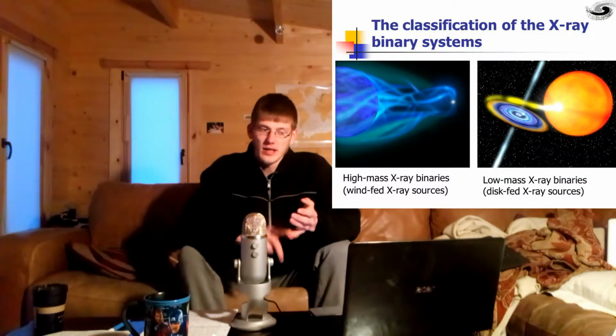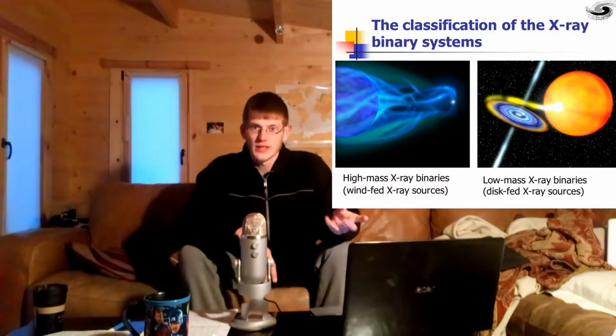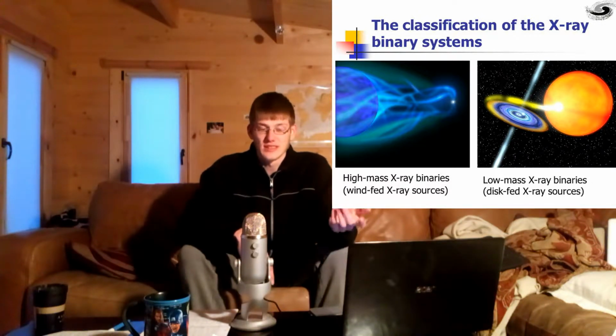But yeah, so there's two types of X-ray binary, high mass and low mass, and the one that I was just discussing is the high mass one, where it takes the mass off its companion star. The low mass X-ray binaries are a little bit different.